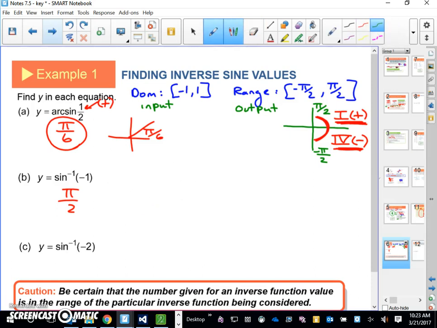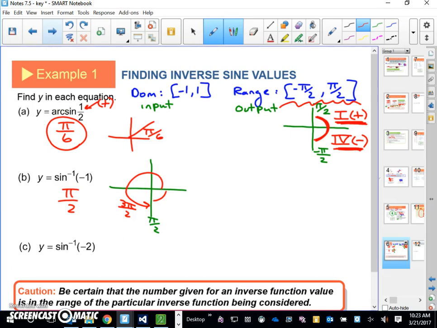I'm sorry. It's tempting to say negative pi over 2 is right here. So it's tempting for people to go all the way around and to call that 3 pi over 2. Okay? But 3 pi over 2 is not in the range. Okay? 3 pi over 2 is not in the range.